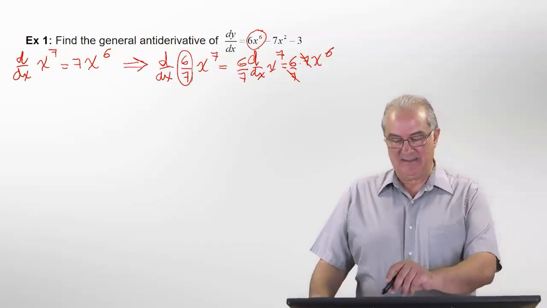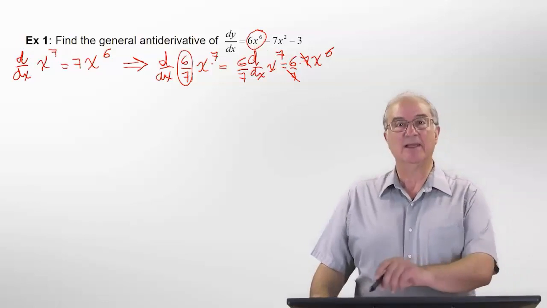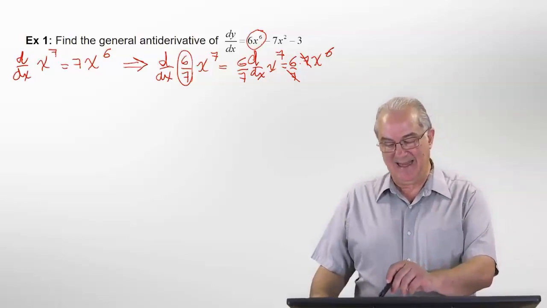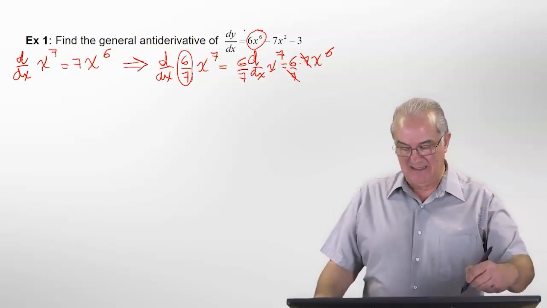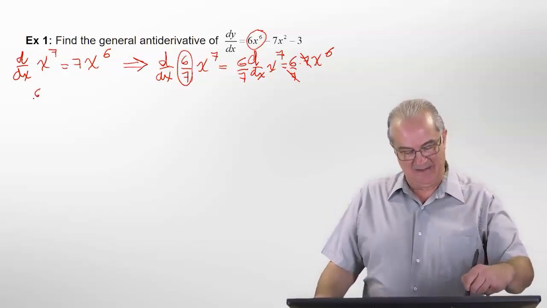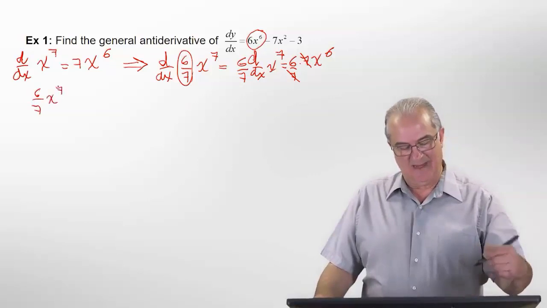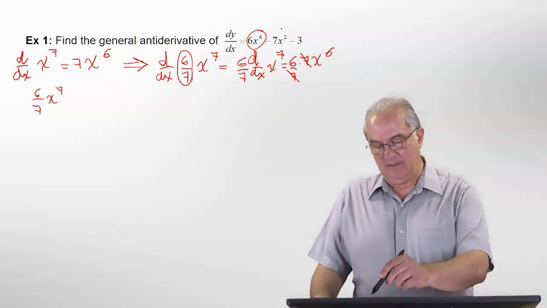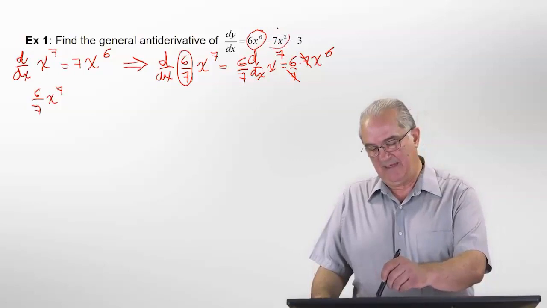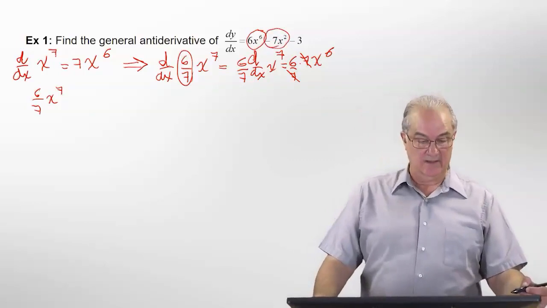So what does this tell us? This calculation tells us that an antiderivative of 6x to the 6th is 6/7 of x to the 7th power. Now we would like to find an antiderivative for minus 7x squared.